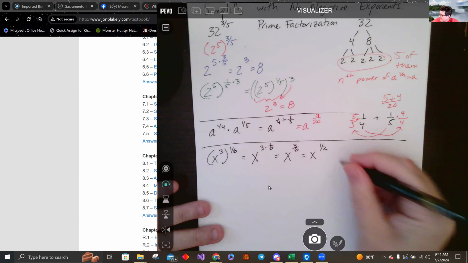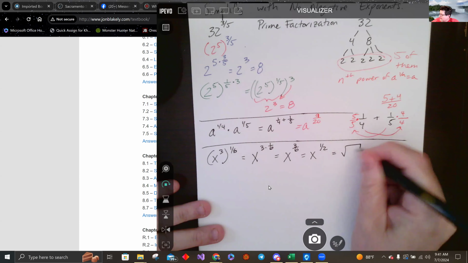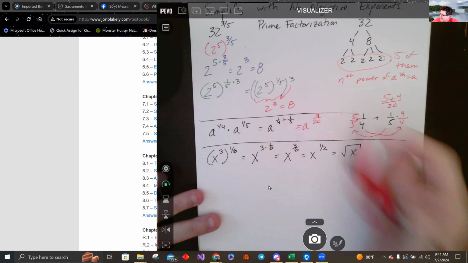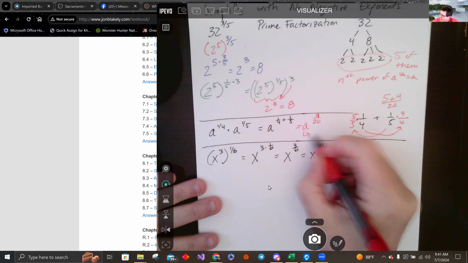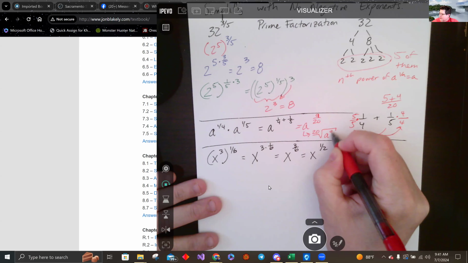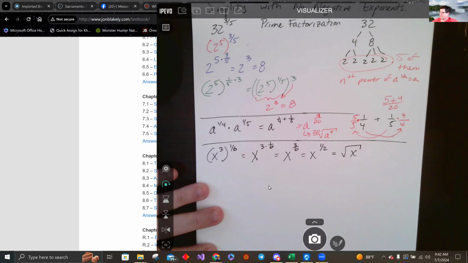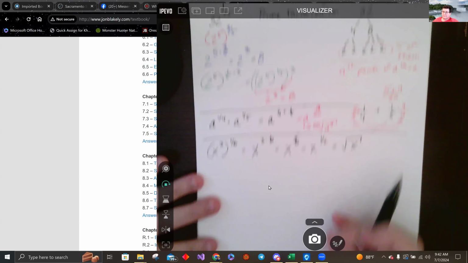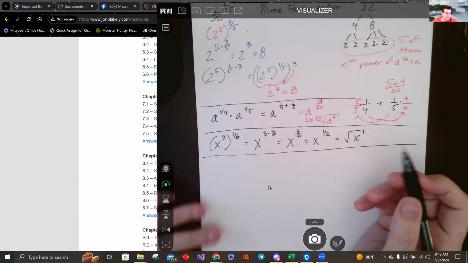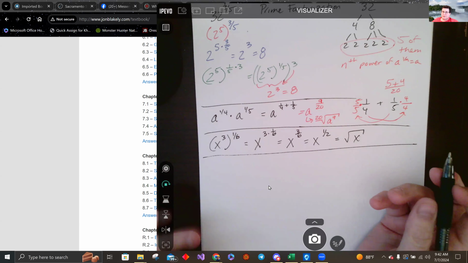As we'll see, this is the square root of x. If you want to see the previous one in radical form, this is the 20th root of a to the 9th power. I don't know where we'd have that in real life, but I know there's deep roots in some spots.